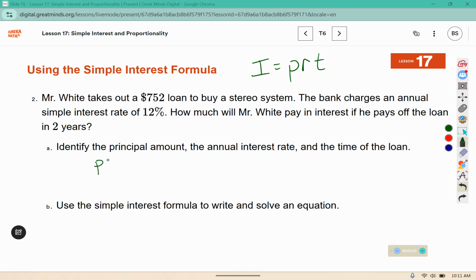The principal is what we started with in our account or in our loan, which was $752. The interest rate, the rate is 12%, but 12% written as a decimal is 0.12. And the time it takes is going to be 2 years.